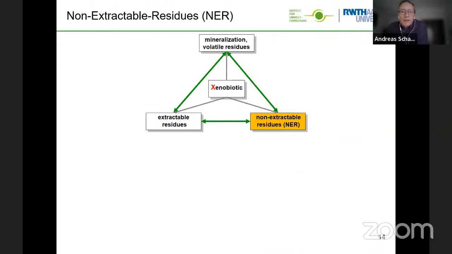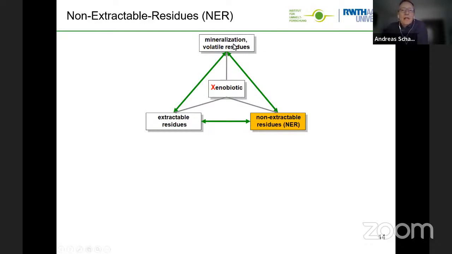Now I come to a small excursion, let's say, to the non-extractable residues, but very short. If you have a pesticide or any other xenobiotic and it enters the environment, after some time, extractable residues are formed that you can extract and analyze by HPLC, mass spectrometry, or gas chromatography, or whatever.